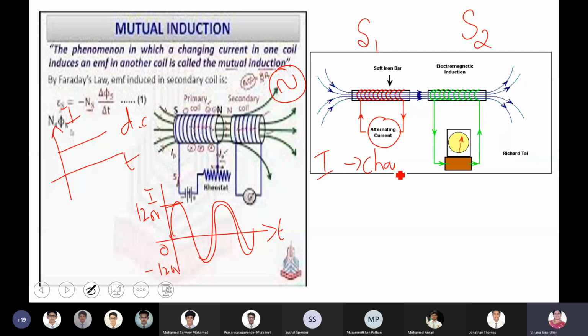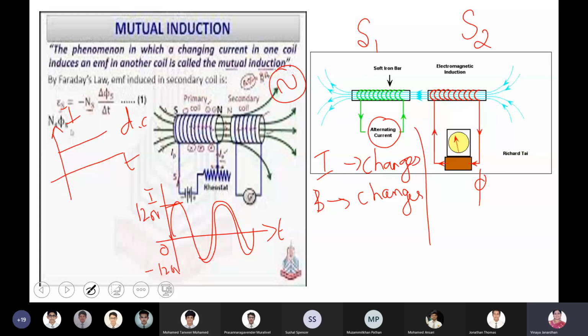So now what happens? Your first coil is connected to an alternating current, which means the current keeps on changing. So the magnetic field it creates also changes. So when this magnetic field changes, the field lines pass through the second coil.